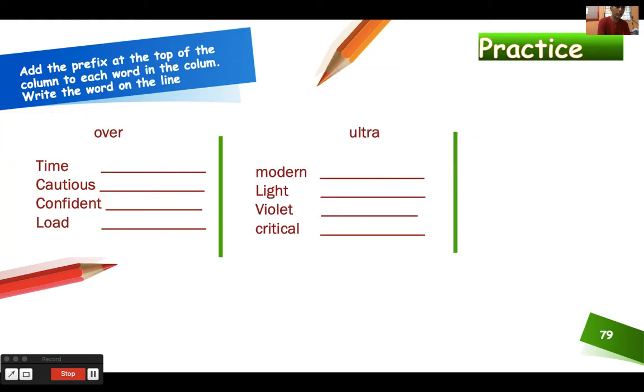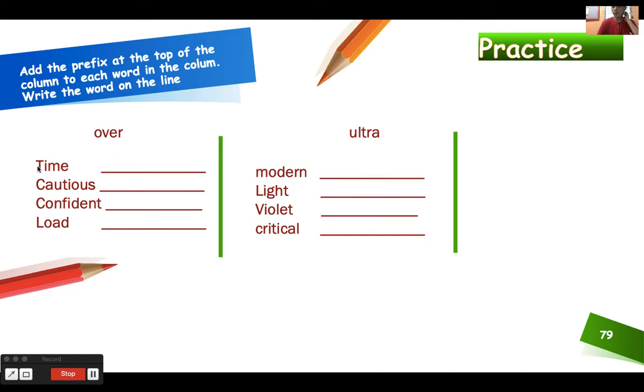Okay, in this case, you have to add the prefix at the top of the column to each word in the column. Write the word on the line. This is an easy activity. You just have to look at these words, and then add this prefix at the beginning of each word.